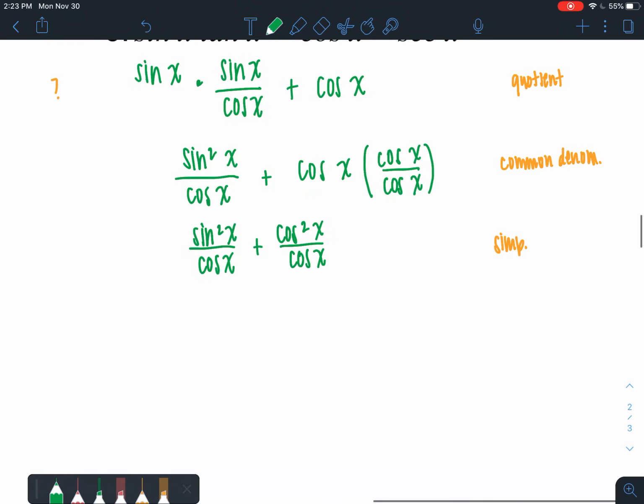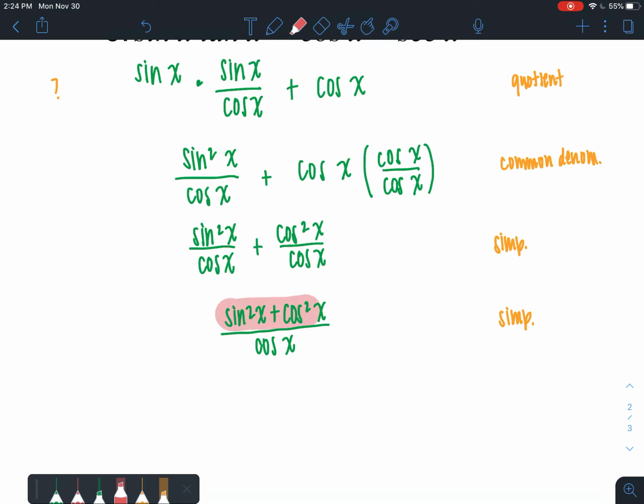Then let's add these together. So we have sine squared x plus cosine squared x over cosine of x. Again, that's just simplifying the fractions and adding them together. However, you should notice that sine squared and cosine squared together is equal to 1, and that is a Pythagorean identity.